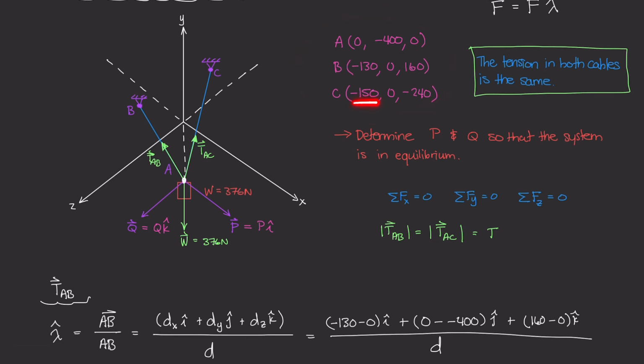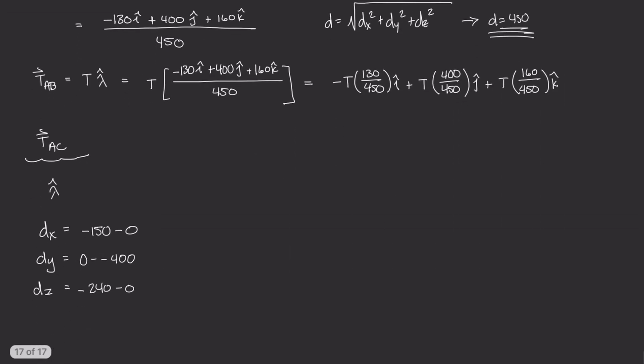If we solve each one of these out, we get dx is equal to negative 150, dy is equal to positive 400, and dz is equal to negative 240. Now, if we take the root sum square of these three components, we get a value of d is equal to 490.